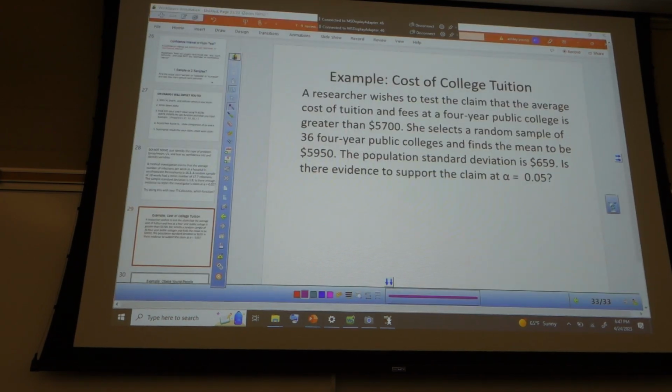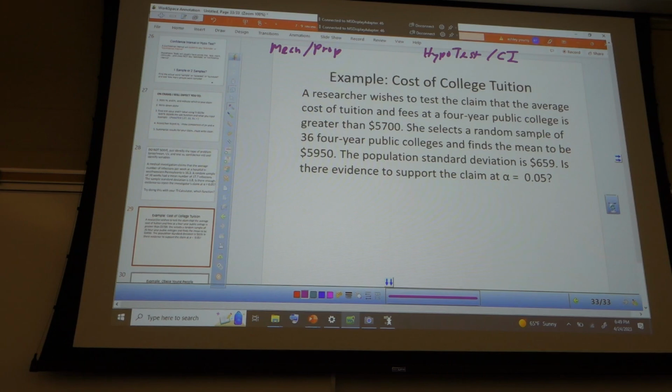Great. So I need you to figure out, in your groups, whether it is a mean or proportion, whether it is a hypothesis test or a confidence interval, and how many samples it is. Go ahead and take 30 seconds with your neighbors. Okay, Taylor, what'd you say?